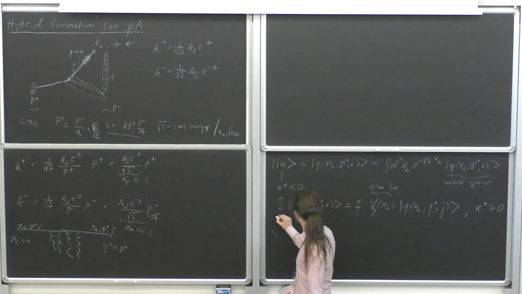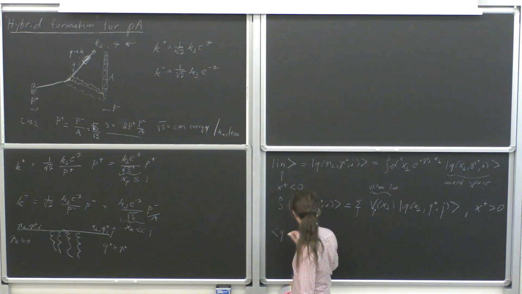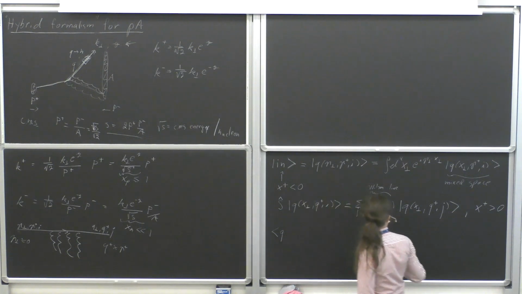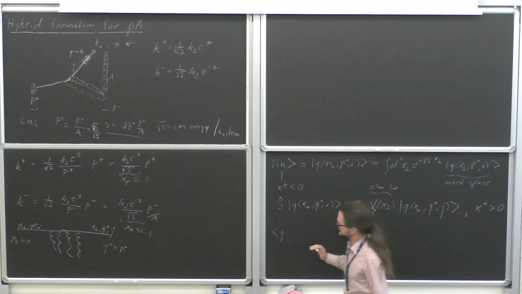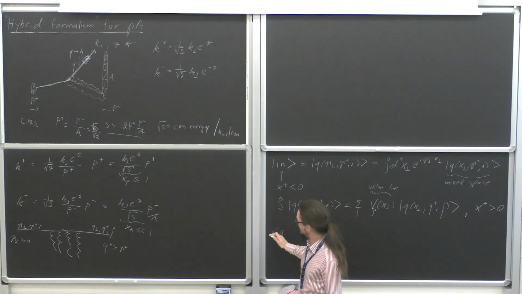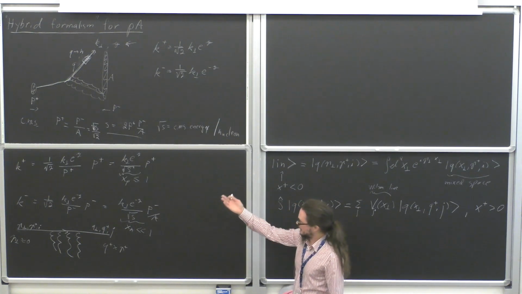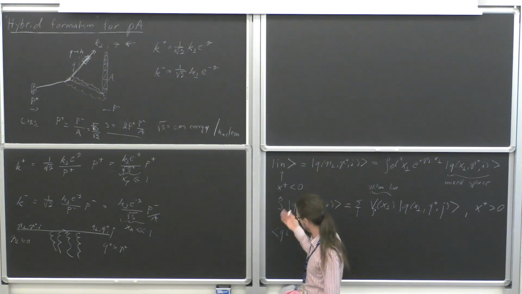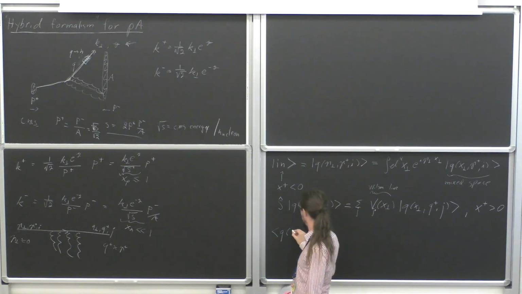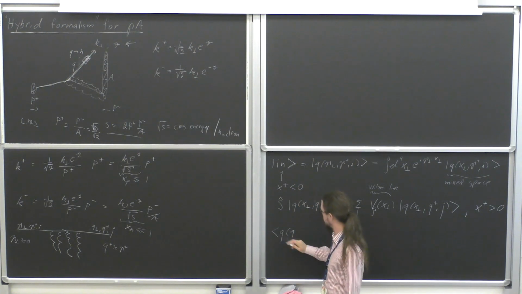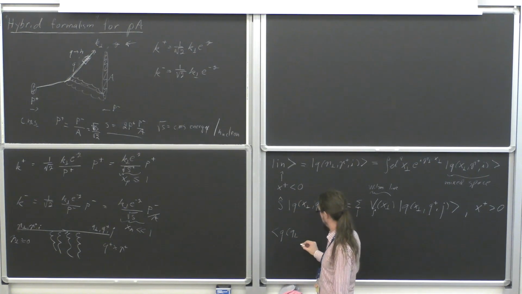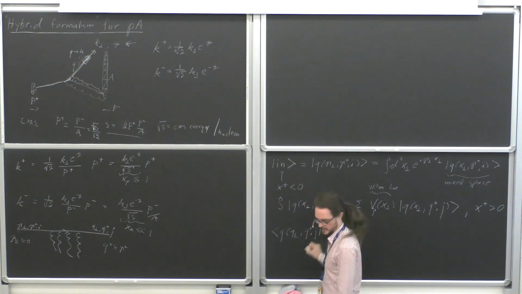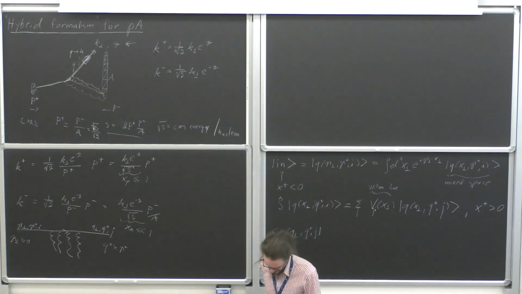I should have had a p plus, but it doesn't matter, it's going to be the same anyway. So I want to project out a quark with a transverse momentum q perp, with a longitudinal momentum q plus, and a color j.